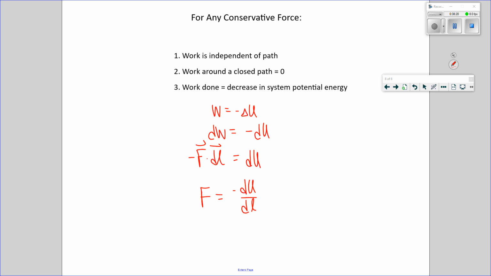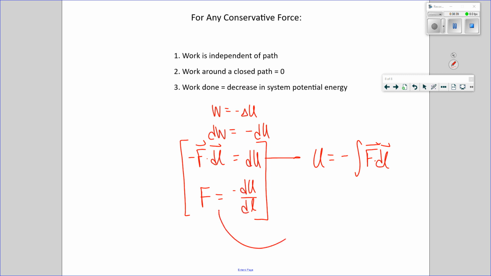All right, so these two relationships are the ones that you'll use when you want to know, like in this case, we're going to say that u is negative f dot dl. And then you'll use this sometimes as the opposite of that to relate.